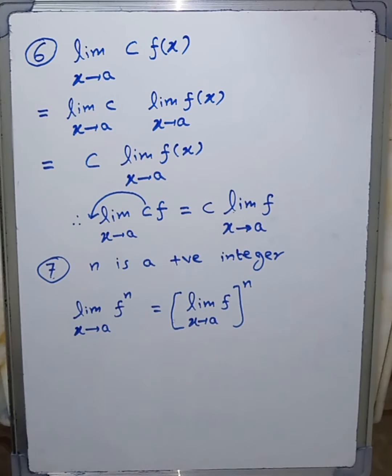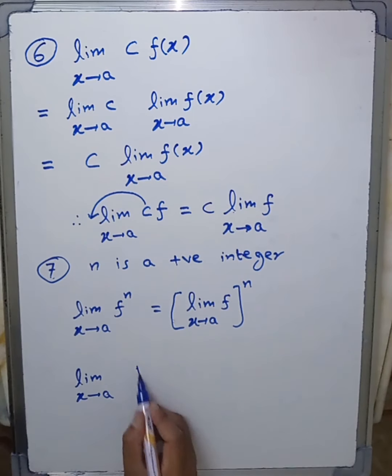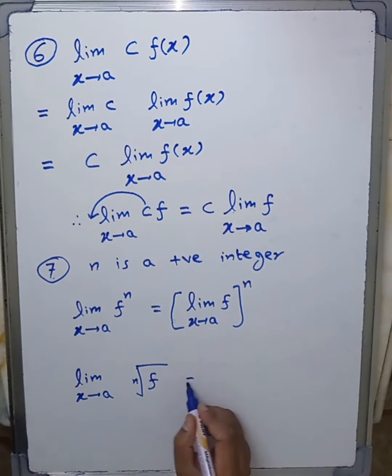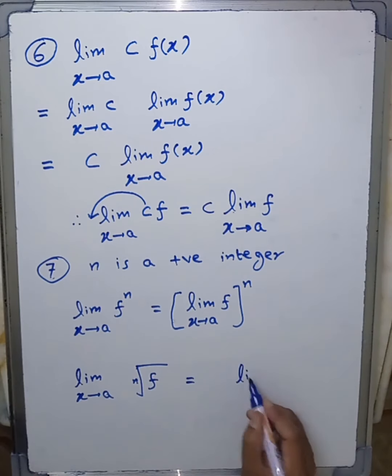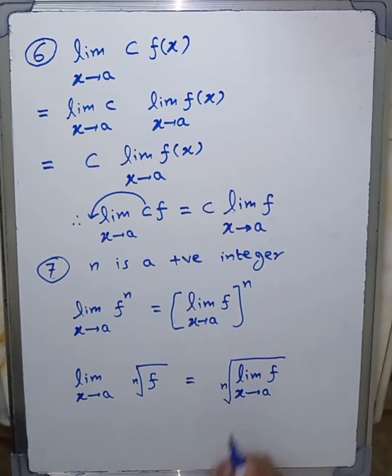Same way we can write for nth root also. Limit x tending to a of nth root of the function f will be equal to limit of the function f as x tending to a, and then we will take the nth root.